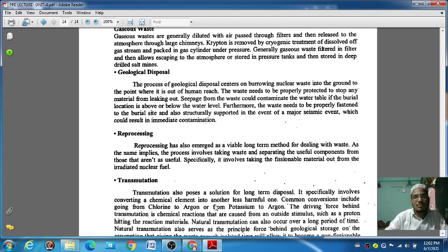Reprocessing: we have to see how we can use the waste for reprocessing, and implement that reprocessing to produce nuclear fuel.